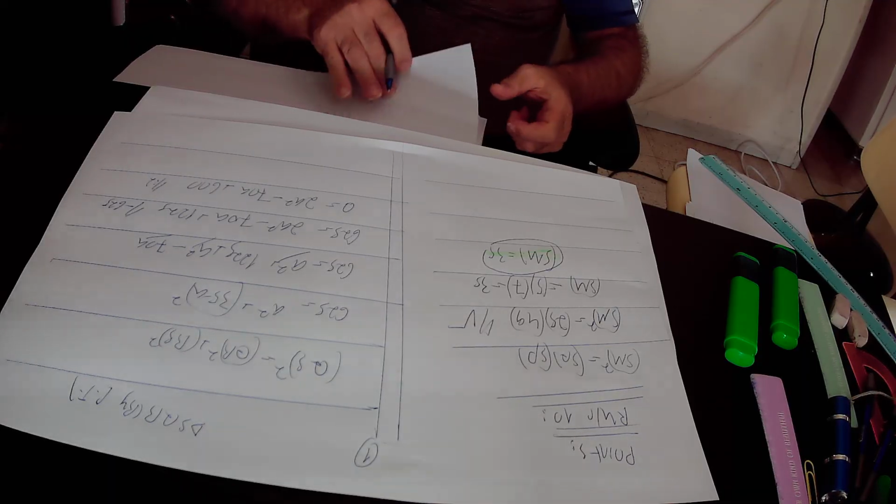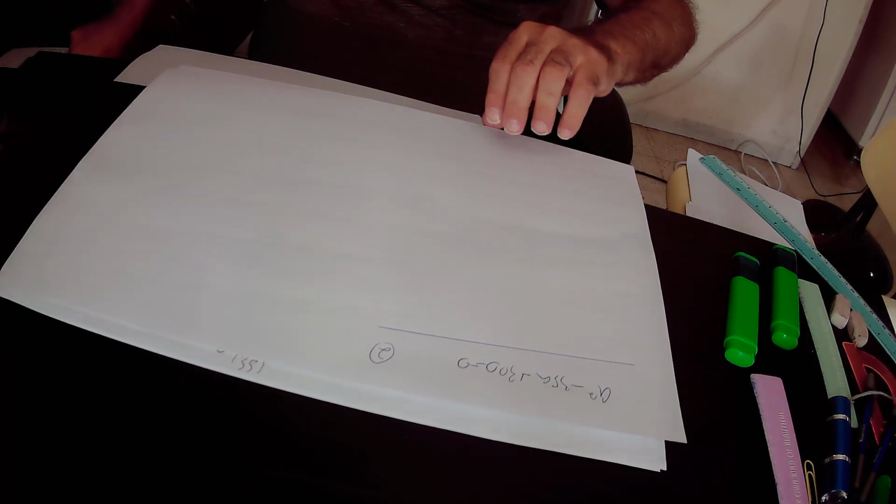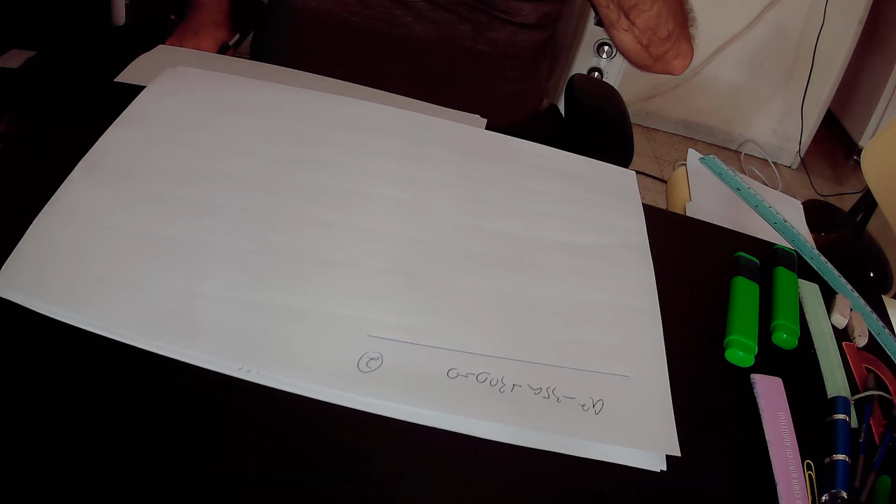So in total a squared minus 35a plus 300 equals 0.